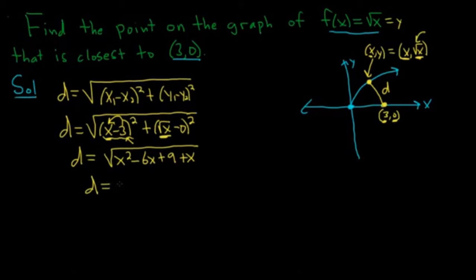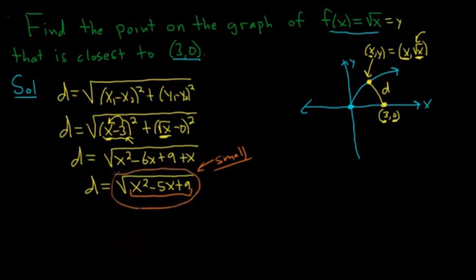So D is the square root of x squared minus 5x plus 9, and we are trying to make this as small as possible. The square root is as small as possible whenever what is inside is as small as possible. So instead of making the entire thing small, we will make whatever is inside the square root as small as possible. That is equivalent.